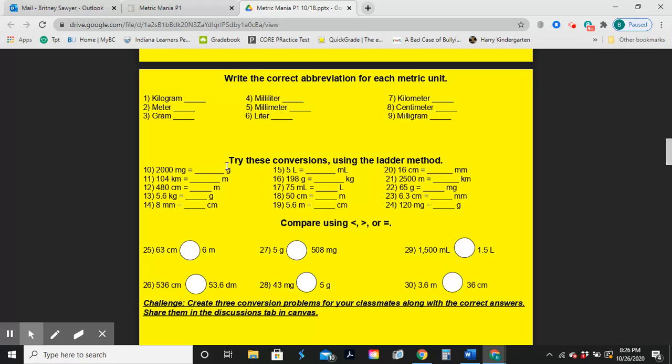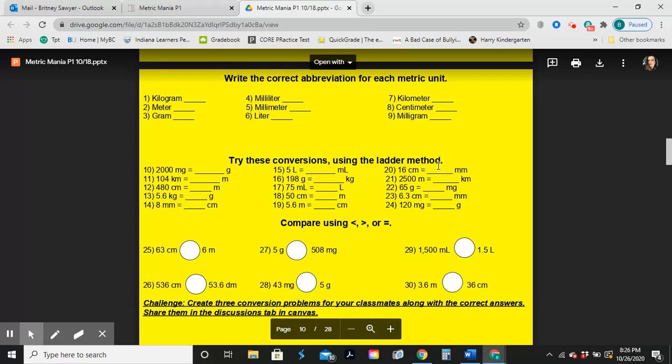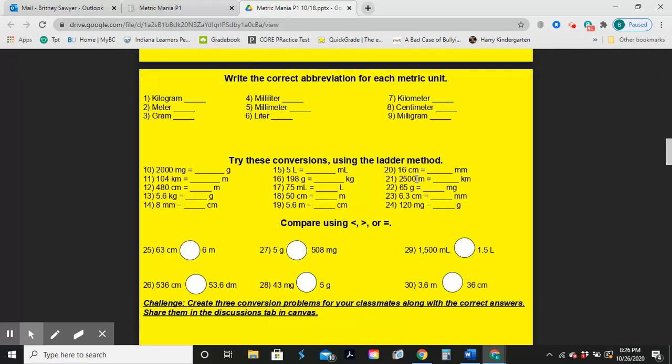So you'll do all of these right here. You won't do 15, you will not do 16, you will not do 17, you will do 18, 19, you will do 20, you will do 21, you will not do 22, you will do 23, and you will do 24.